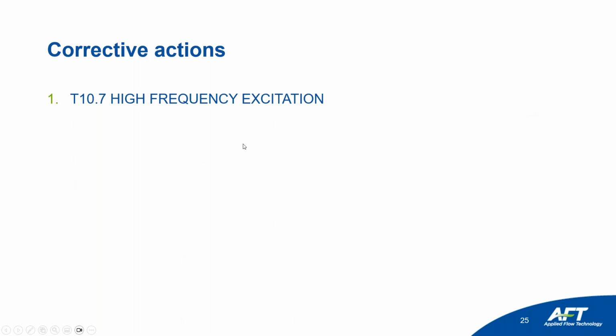T10.7, high frequency excitation, has a recommendation. You can take actions on the mainline excitation, such as reducing the mass flow rate. That's the first recommendation. Change the valve trim, if it's a valve.